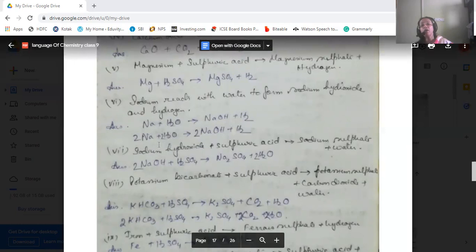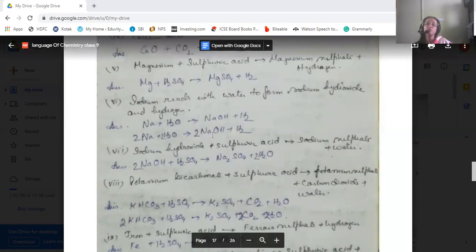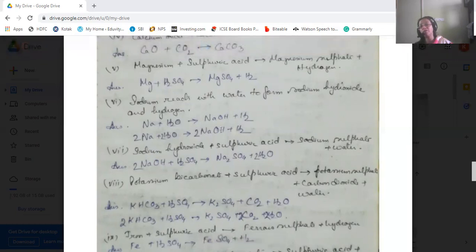On the reactant side, we multiply sodium as well as water by 2. Okay, so that makes 2 Na and 2 H2O. Here, hydrogen becomes 4 and oxygen becomes 2. Sodium also becomes 2. So on the product side, we multiply sodium hydroxide by 2, and hydrogen has 2 atoms previously, so it makes hydrogen atoms on the product side 4, oxygen 2, and sodium 2. So that makes the equation balanced.